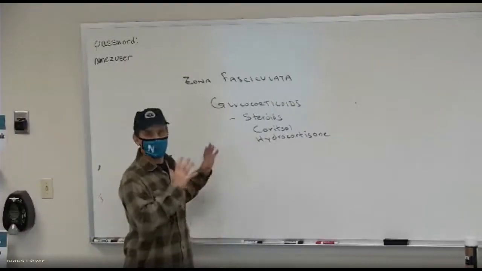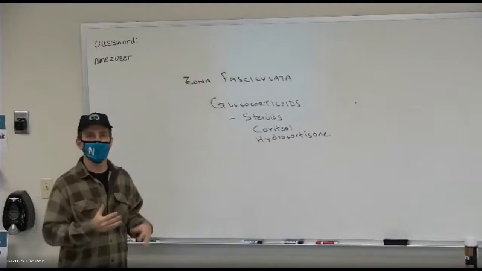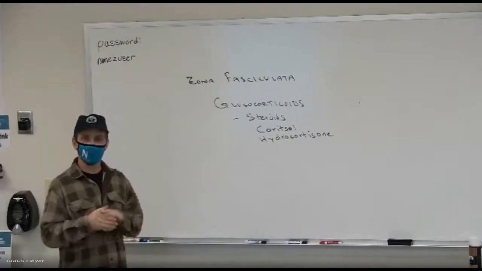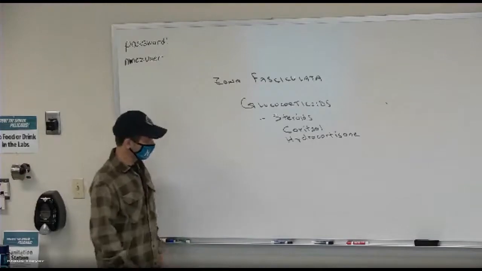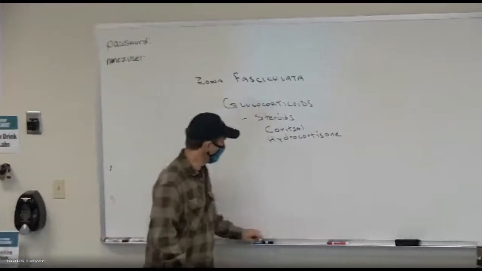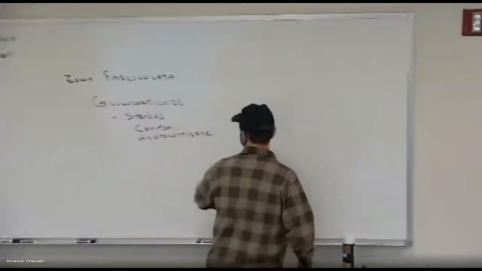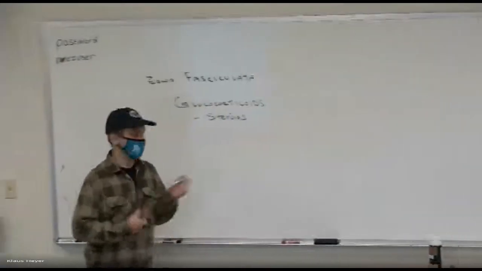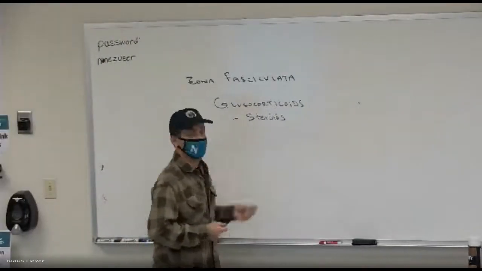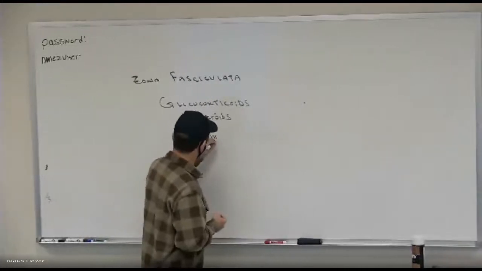So there is no long pathway that we have to follow. I just want you to know what steroids do, and that's it. So this one's going to be a lot easier. So what are the functions of steroids? Well, in high doses, they're immunosuppressant.